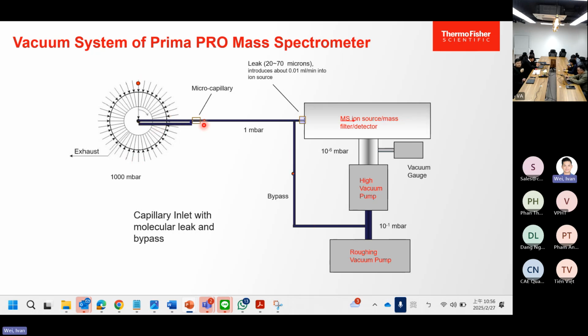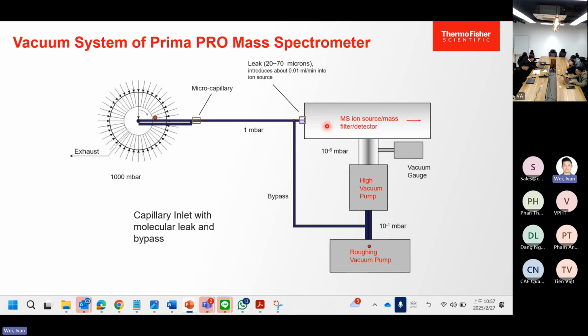We take the process gas from the selected sample stream into our ion source here. The pressure is reduced to 1 millibar. It's all done automatically. And then here, of course, we need to further reduce into vacuum.